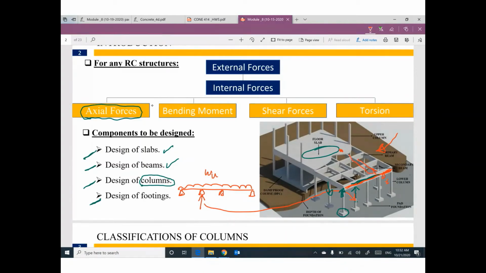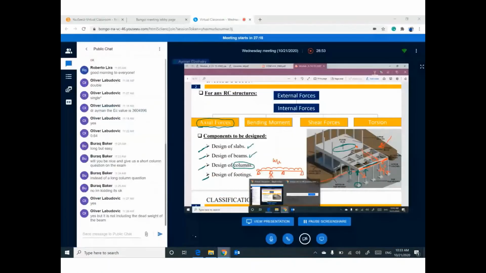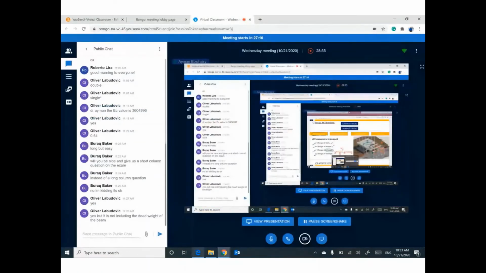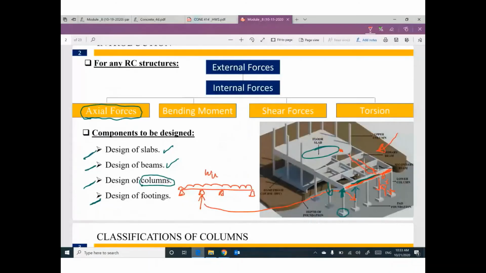So the reaction from these beams to this column will be P ultimate. No. Why?